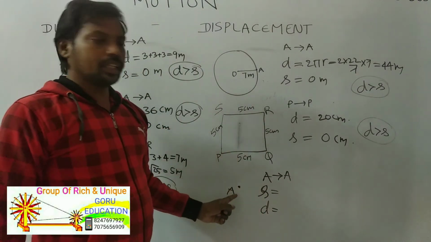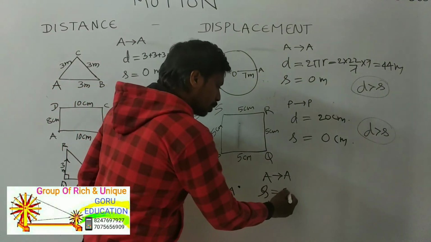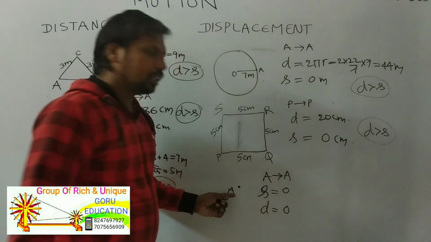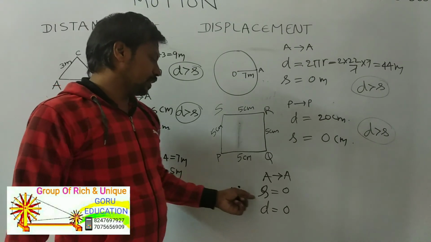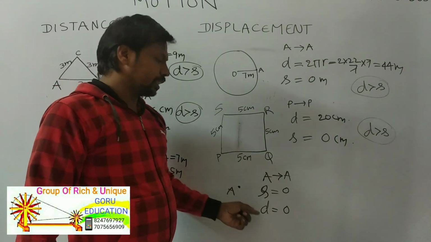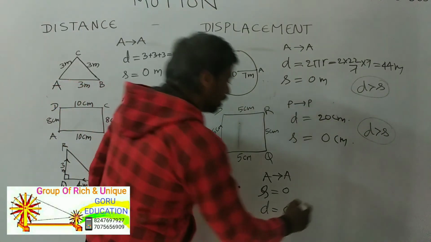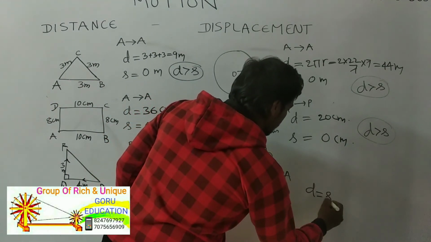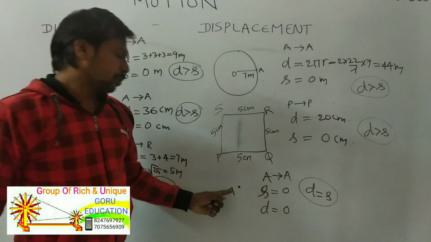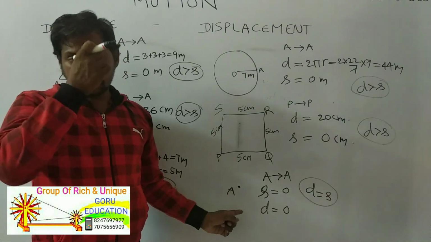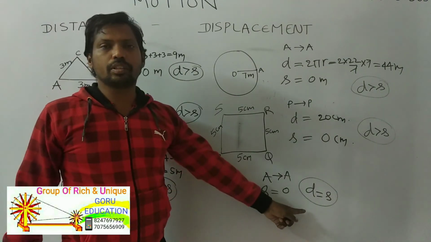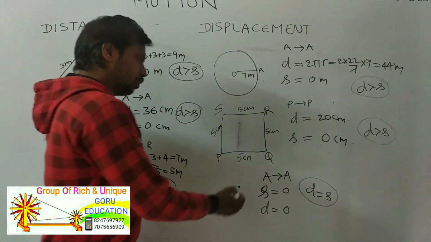Here A to A, d and s both are 0. The reason is it is a point. Displacement is the same and distance is the same. So here d equals s. Only in the case of a point, d equals s.